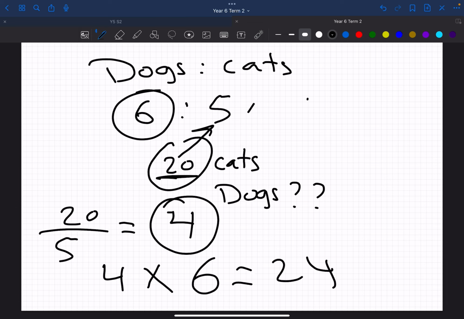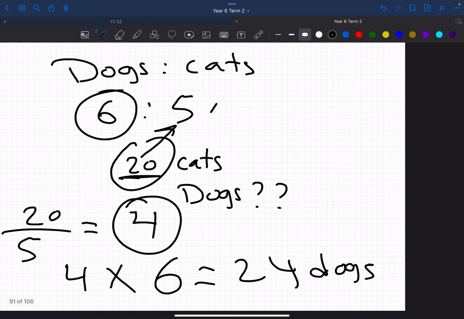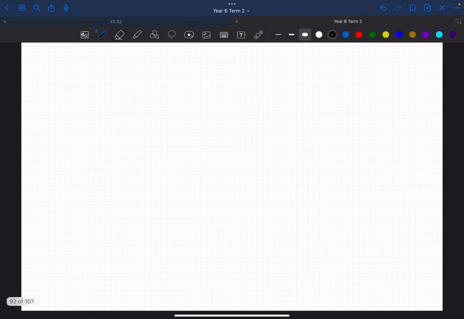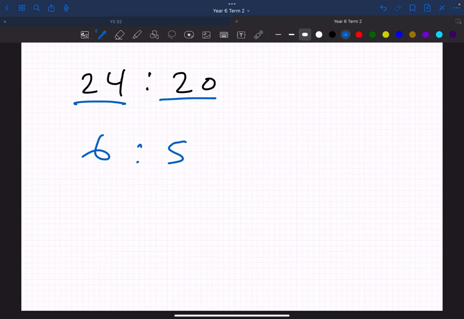So how many dogs now? 24 dogs. So the original ratio is 24 to 20. Now, if you divide this by 4 and this by 4, it will give you 6 and 5.